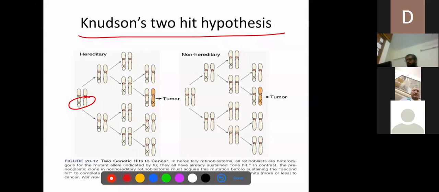Only when it becomes homozygous. First it is given by heredity itself. The father gives a defective gene to the next generation, and they pass the single abnormal gene on to further generations. But the cancer doesn't manifest in all the individuals.